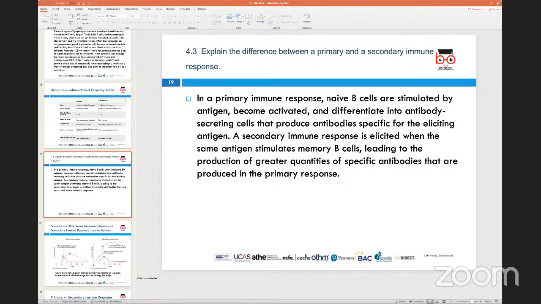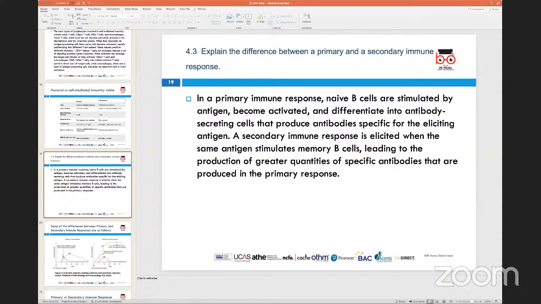Now, when we talk about primary and secondary immune responses, there are two distinct phases of the immune system's reaction to any sort of antigen or a pathogen which is entering your body.